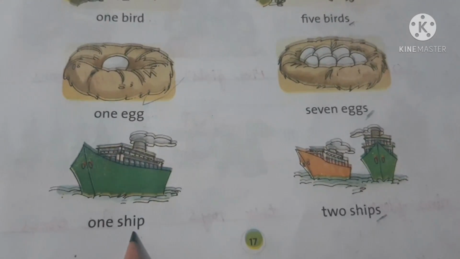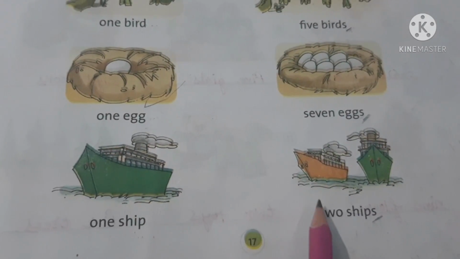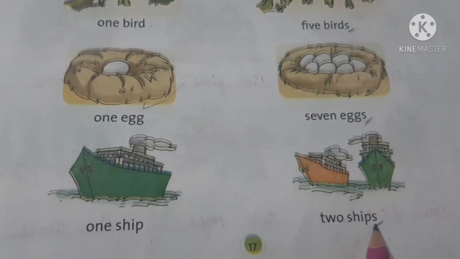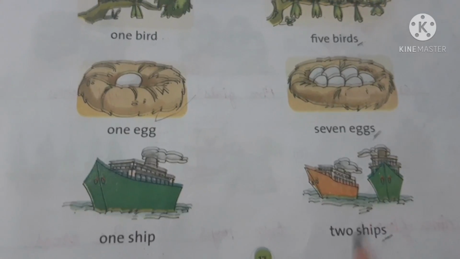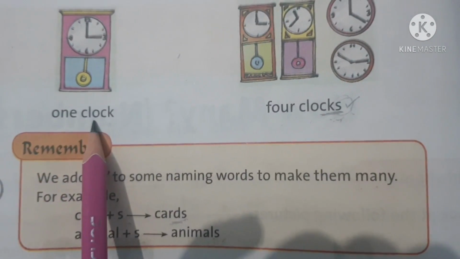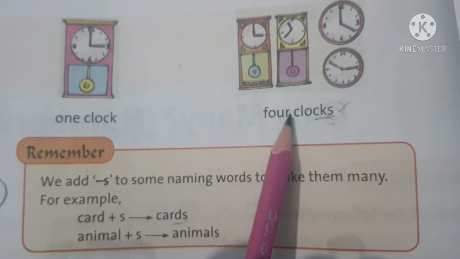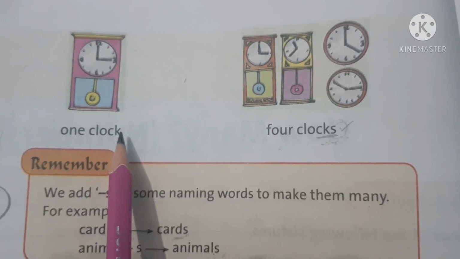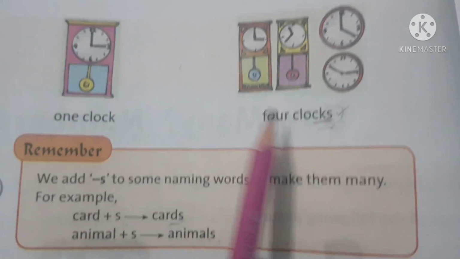One ship, right? And when we have more than one, we will say ships, right? We have made plural simply by adding s in the end. Now likewise, see here, we have one clock, and when we have more than one, we will say clocks. Here we have 4 clocks, right? Simply we have added s in the end.